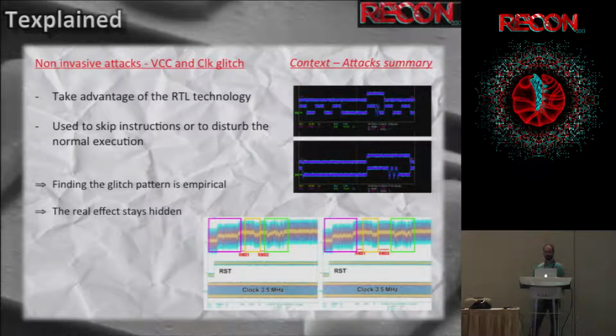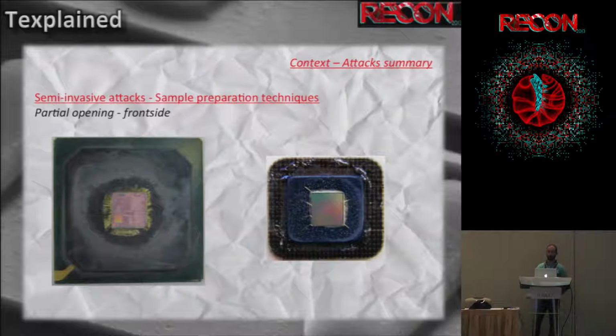On the latest chips, you can try this kind of method, playing with the clock or the VCC, and it will not work anymore. So people get access to the chip right after that. It's really easy to access the chip. You can just use some chemicals, and you will have access directly to the chip.